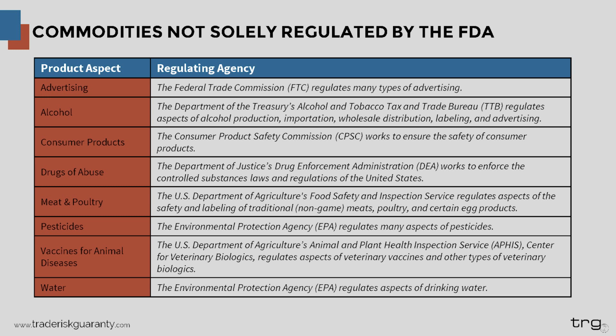Now, we did receive a few questions about the overlap between the regulations of the FDA and those of other partner government agencies. As a reminder, a single commodity can be regulated by 2 or more different partner government agencies. For example, cell phones are regulated by the FDA and by the FCC, which is, of course, the Federal Communications Commission.